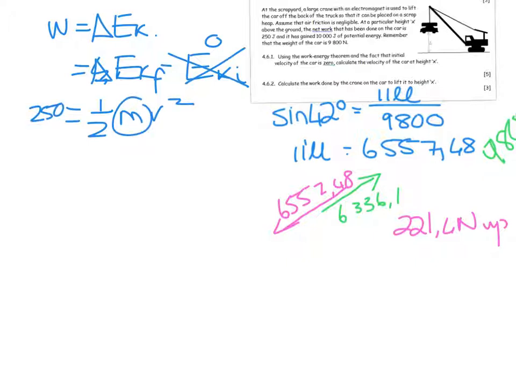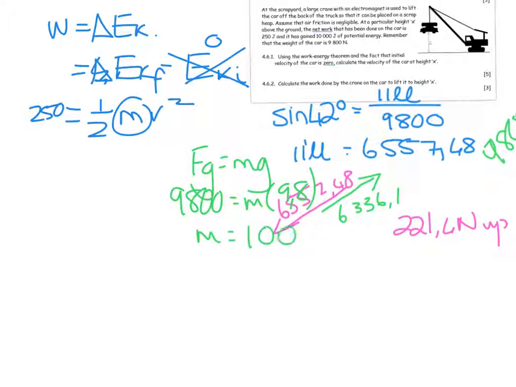Let's work out the mass of this particular object. We know that it has a weight of 9,800, which means that its mass is going to be equal to 1,000 kilograms. I take that 1,000 up over there, rearrange, and I find the velocity turns out to be 0.71 meters per second.